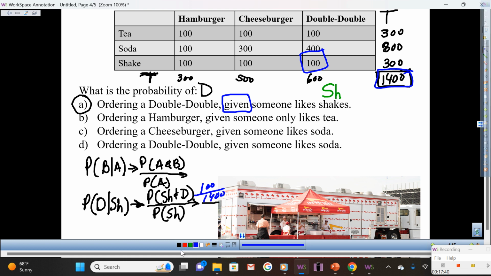Over, we just write for shakes. What is the total for shakes? 300. So it's 300 over 1400.